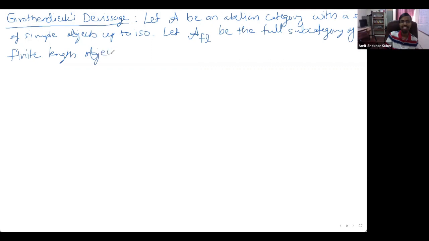The finite length is defined using the Jordan-Hölder theorem. Perhaps you have seen it in group theory, which you can extend here easily. So finite length objects. Then A_FL becomes an exact category.